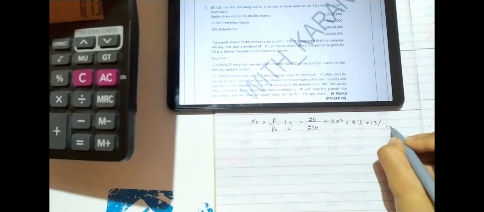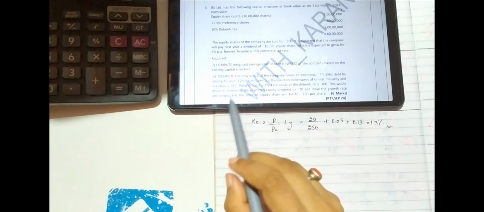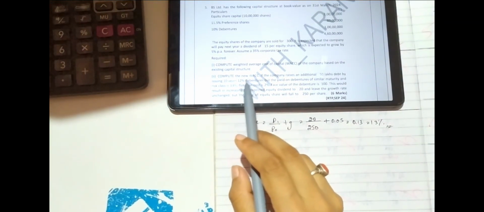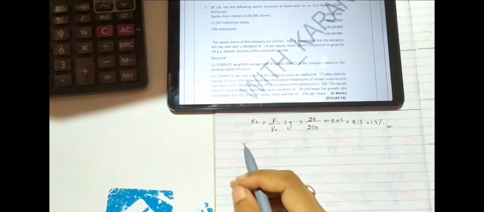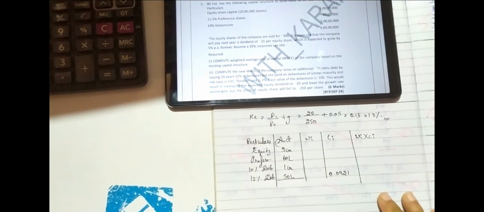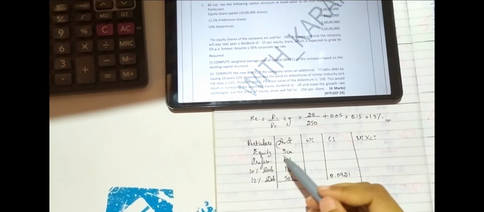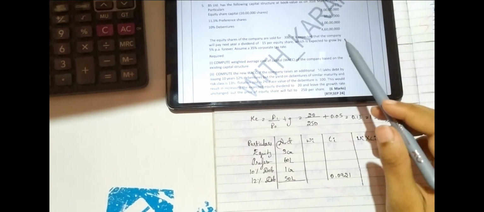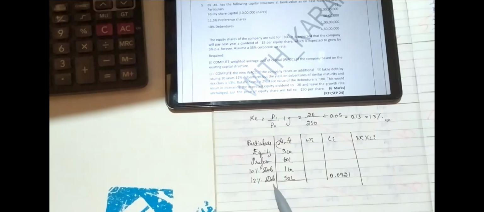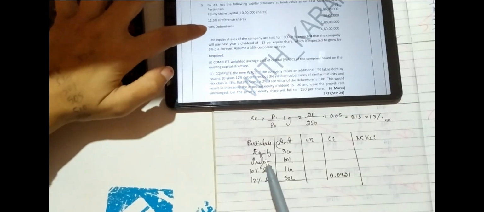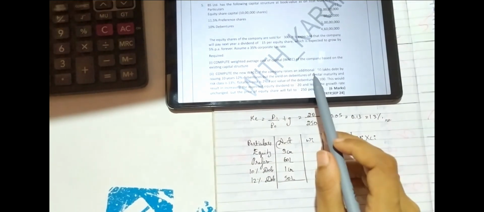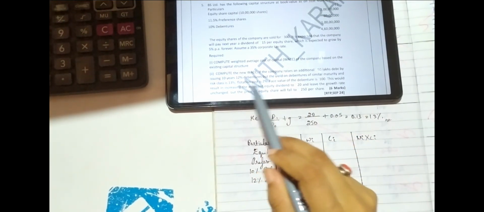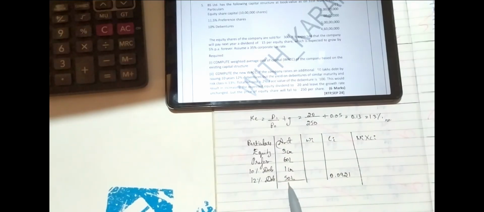So this is KE. Now we need to calculate the new WACC, okay? This is the old capital structure, which is already given in the question, but for that we raised an additional 50 lakh, right? So this is already present 10% debenture, but the newly issued is of 12% debentures, so it is of value 50 lakh, okay?